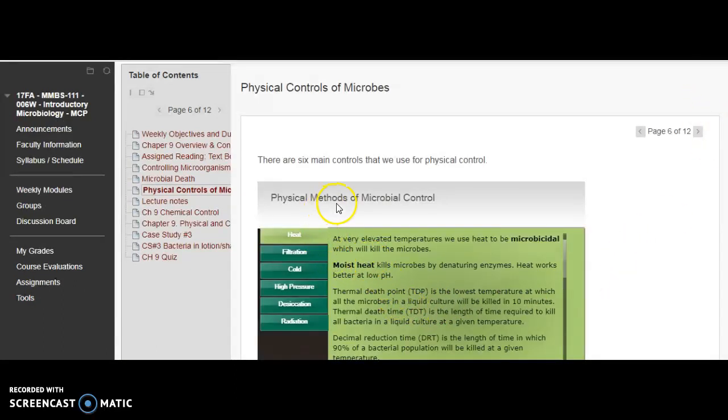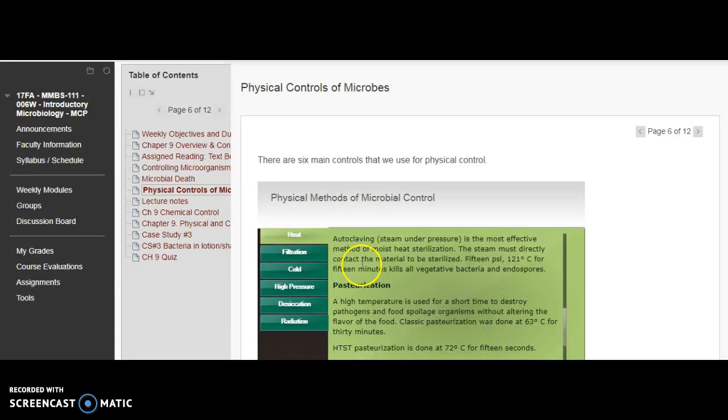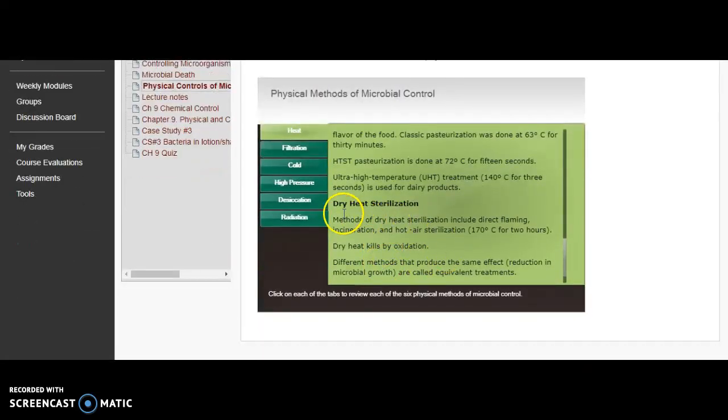Physical methods of control. All right, you have heat, filtration, cold, high pressure is indicated here. In your textbook, though, the high pressure is combined with heat, and heat being moist heat, and then there should be dry heat.